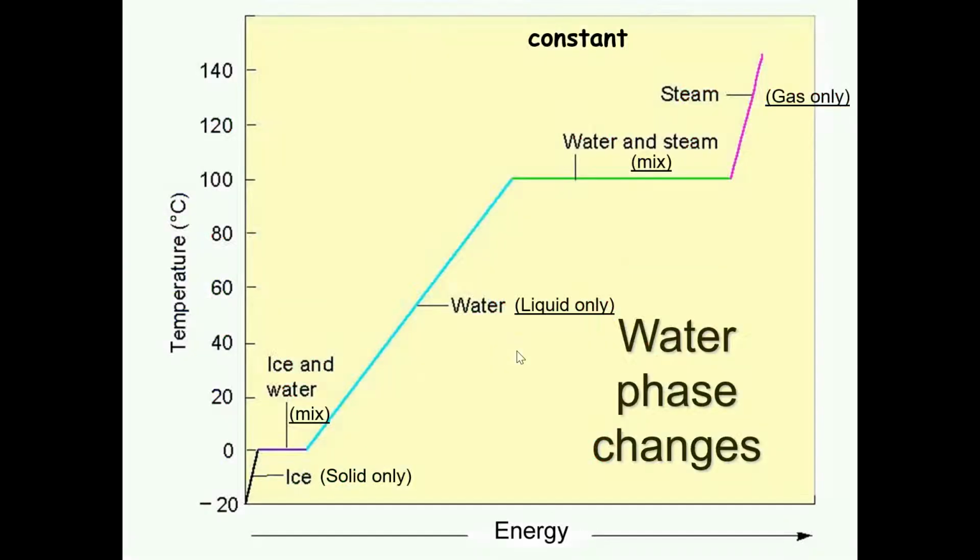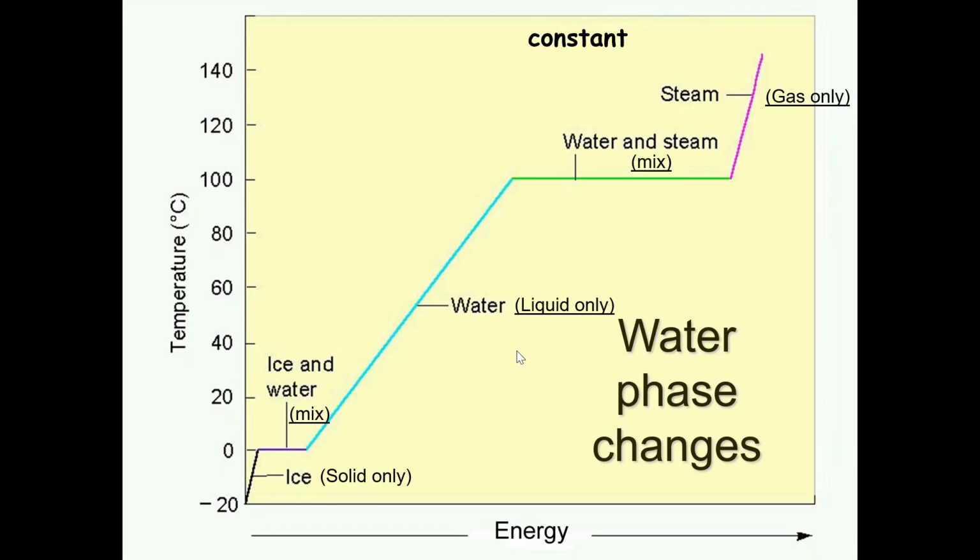Okay, so this represents what's called a heating curve. Now notice, on the left-hand side, there's the temperature as graphed. And from left to right, we are adding energy. So if our substance starts off as a solid, ice, and we add energy, it will increase in temperature until it gets to that freezing point, which is also the melting point.